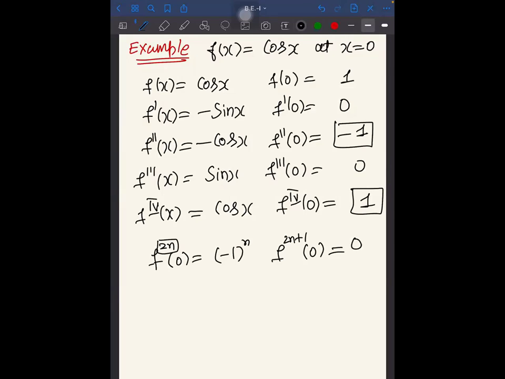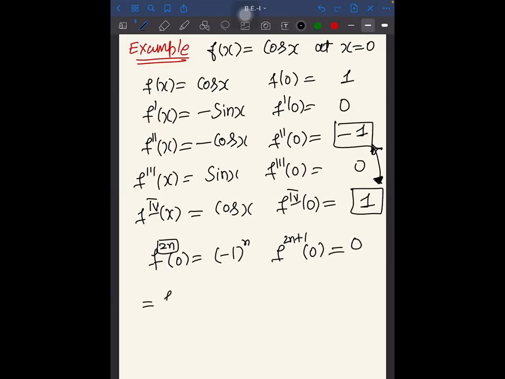Take half of 2, that becomes 1, so minus 1 raised to power 1 becomes minus 1. For the fourth derivative, half of 4 is 2, so minus 1 raised to power 2 becomes 1. That is how the derivatives behave at x equal to 0. Odd derivatives are 0 because sine at x equal to 0 is nothing but 0.